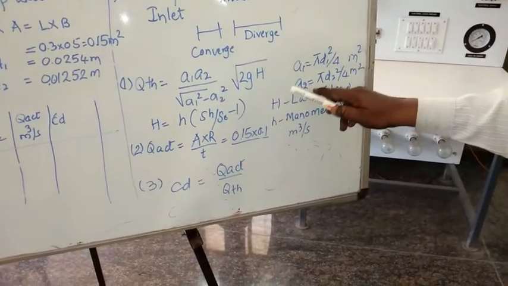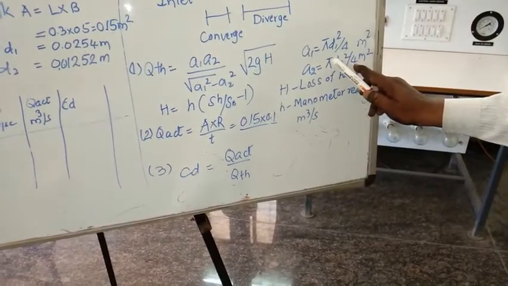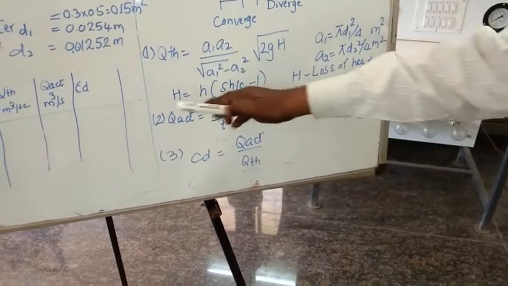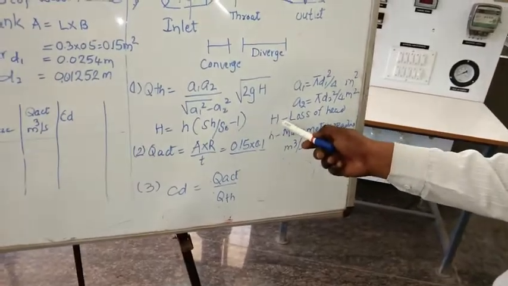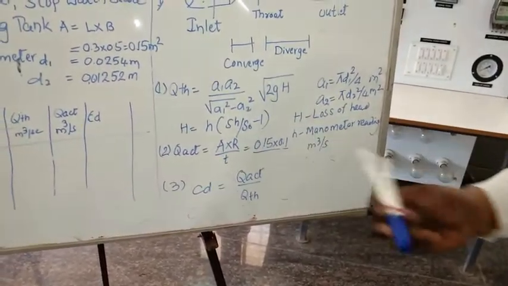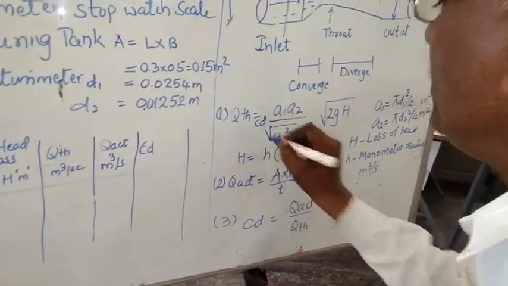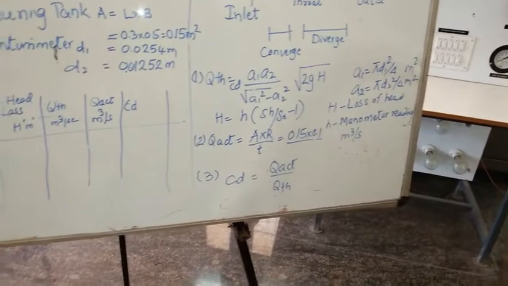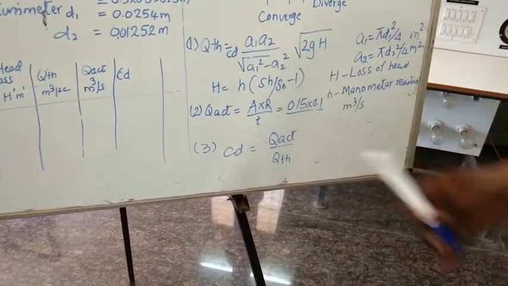Similarly, the area of cross section of the throat is pi d2 square by 4 meter square. Here capital H is the loss of head, that is small h multiplied by 12.6. So Q theoretical equals CD into A1 A2 into root 2gh divided by root of A1 square minus A2 square.